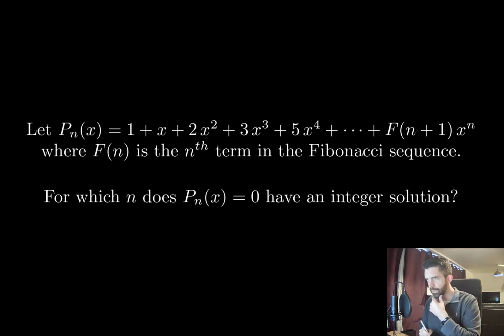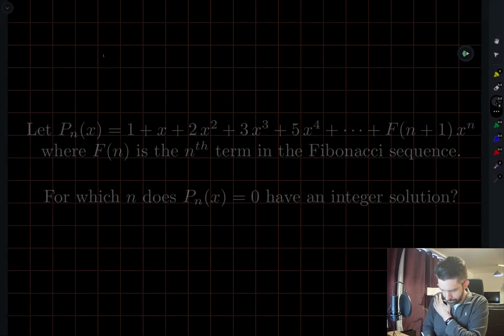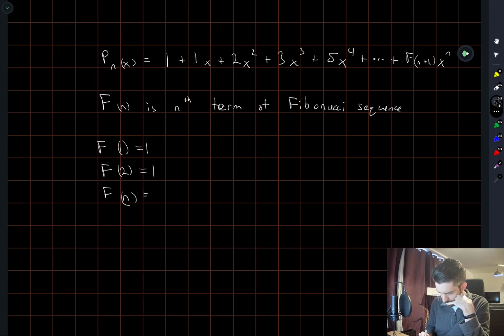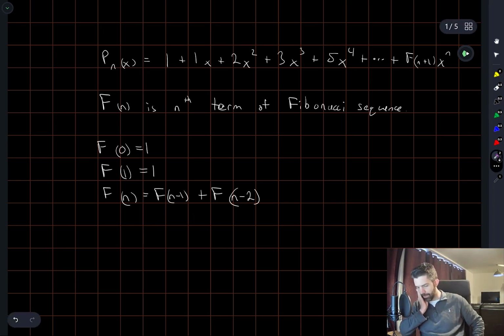Interesting. Okay, so let me write out what the polynomial is exactly. Okay, so I've written out all the information given here. You have to be a little bit careful, I suppose, to make sure that the indices of how you define the Fibonacci sequence work out.